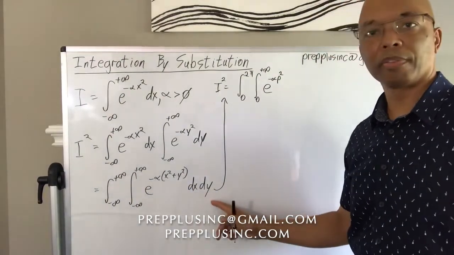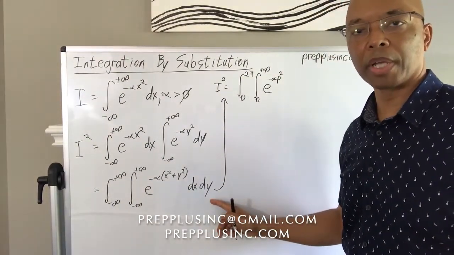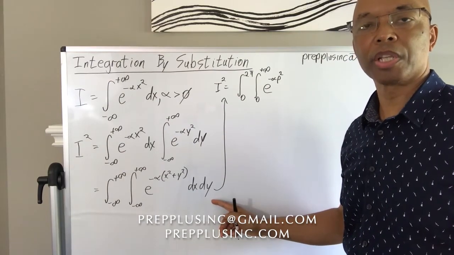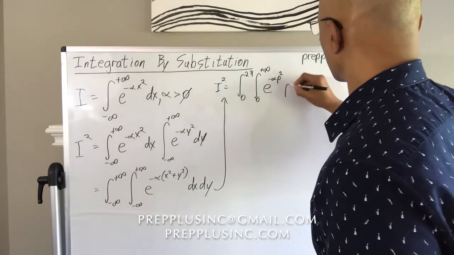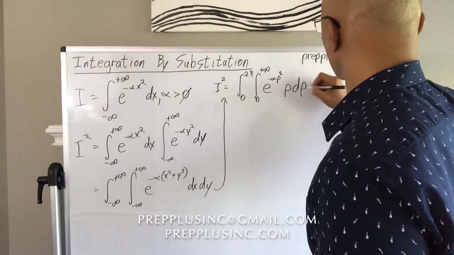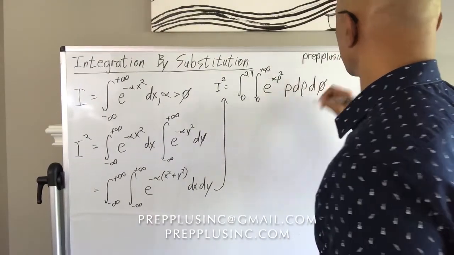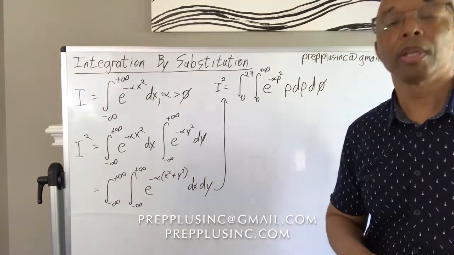This is an element of area, and the element of area in polar coordinates is rho d rho d phi. You just need to know that.